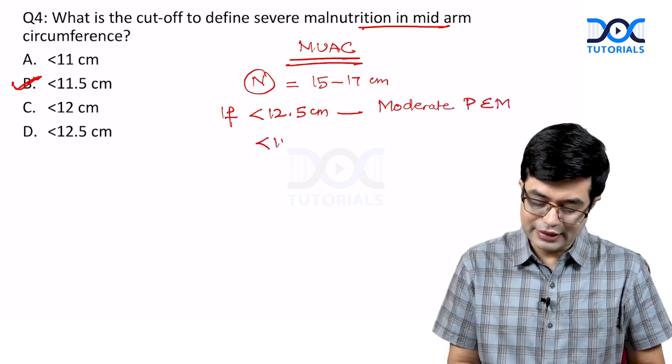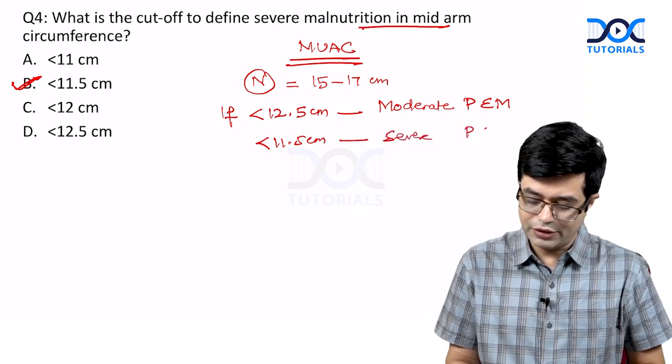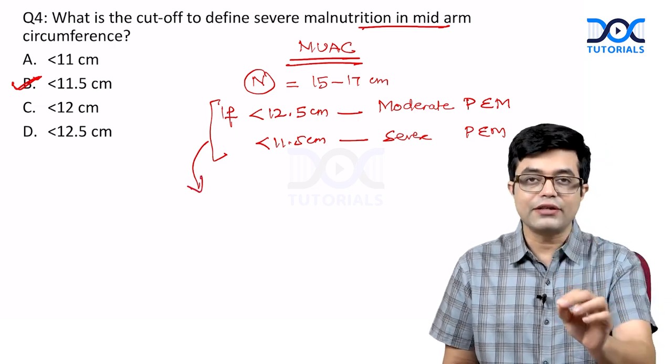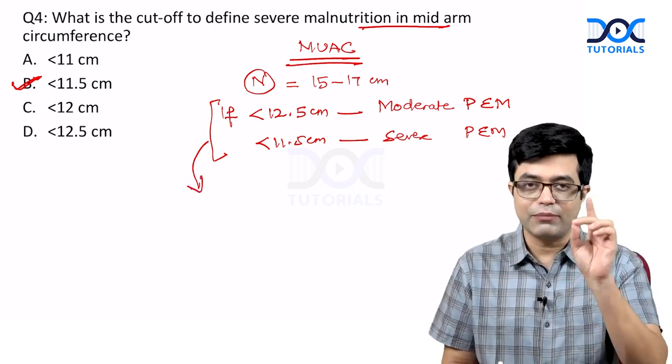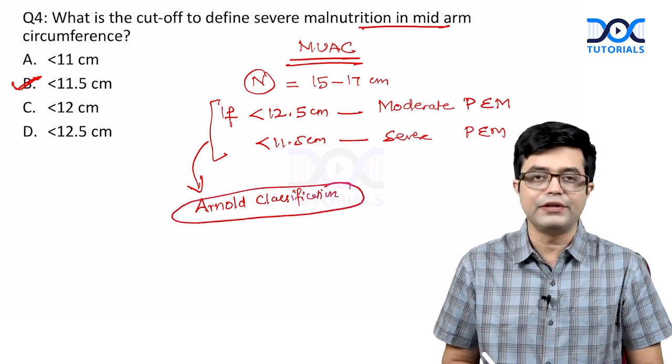And if it is less than 11.5 centimeter, that is called severe PEM, severe protein energy malnutrition. Extra edge point. What is this classification known as? Extra edge point. Please write it down. It is known as Arnold classification. Arnold classification. The next time they might make an MCQ out of it.